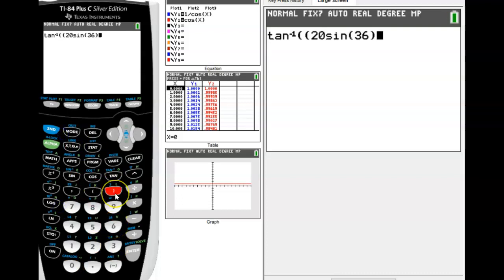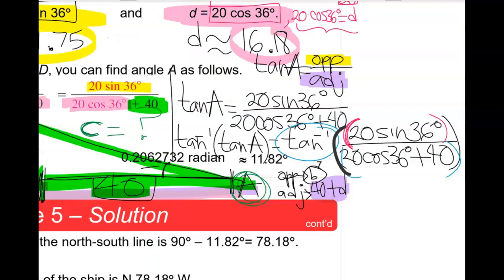I'm going to close parentheses to close the angle, another one to close the 20 sine 36, and then I'm going to press the division key. I'm going to open parentheses. Again, those are the parentheses that you can see here in blue. And now I'm going to enter 20 cosine 36 plus 40.